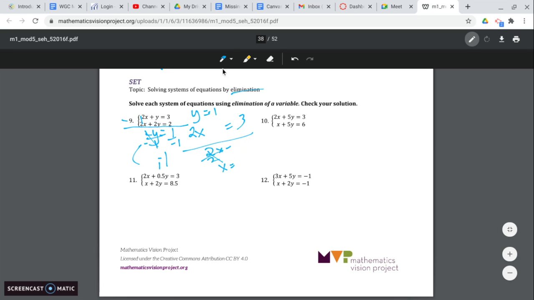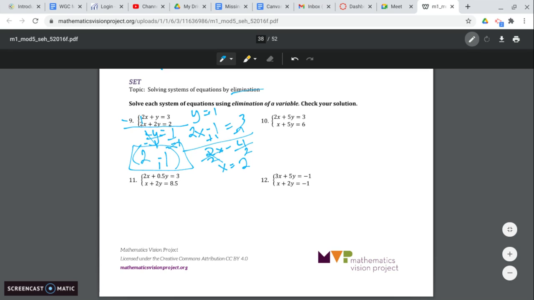So, it will actually be minus 1, so we'll add 1 over. I apologize for that. So we end up with 4. 4 divided by 2 equals 2. So our solution is 2, negative 1. Remember, we always want to have our solutions as an ordered pair, not as just y equals and x equals.